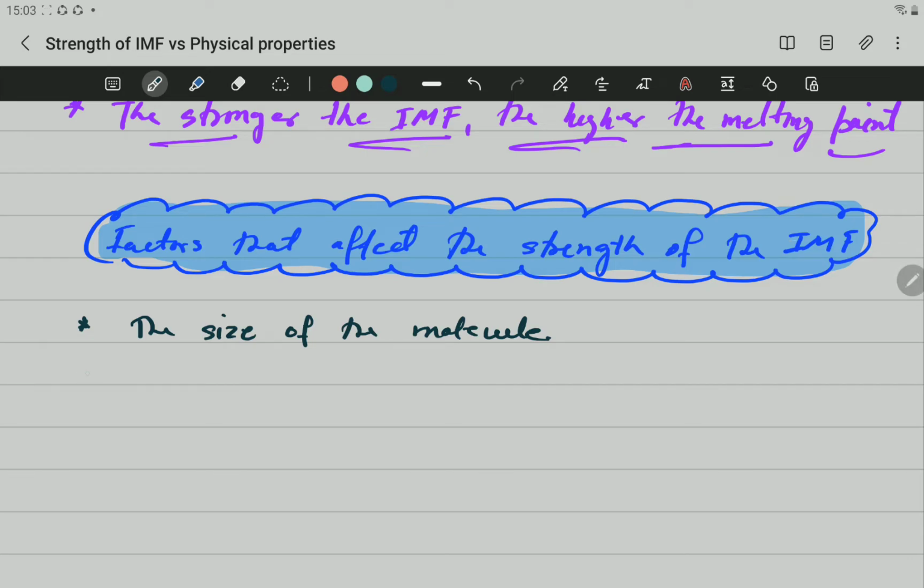The second factor is the shape of the molecule, and the final one is the polarity of the molecule.